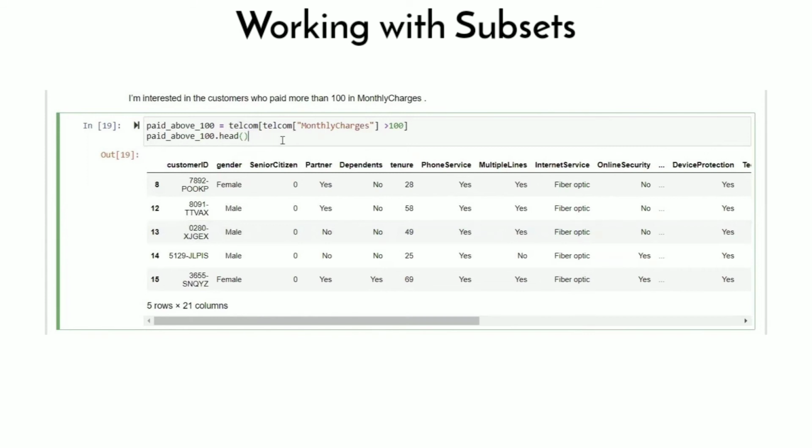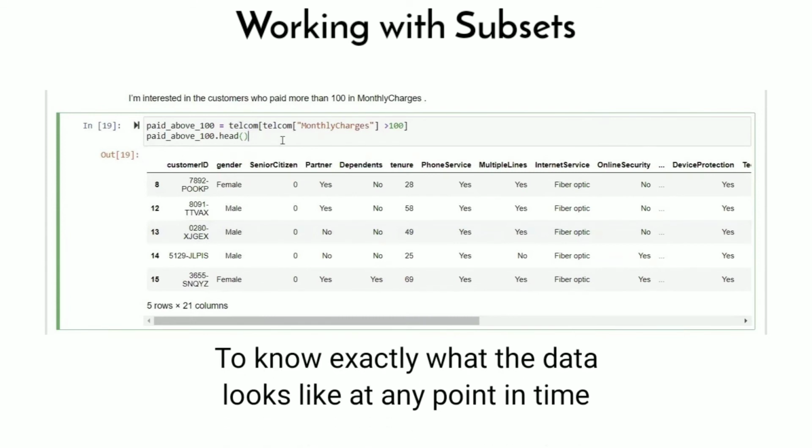Now, at this point, you're probably realizing that we tend to use .head a lot. This is why, whenever you're working with data science, you need to know exactly what your data looks like at any given point. Because if you don't understand exactly what is happening in your data frame at each given time, you tend to lose track of what you are aiming at, or you lose track whenever you make a mistake at any given point.